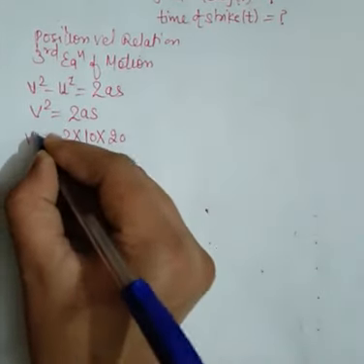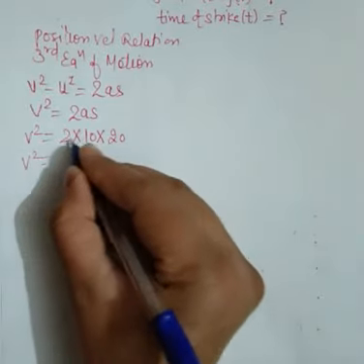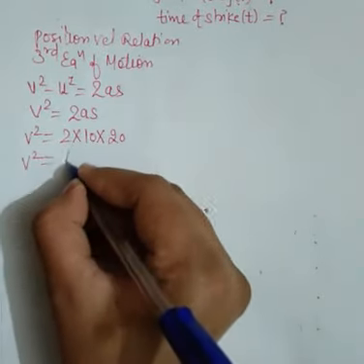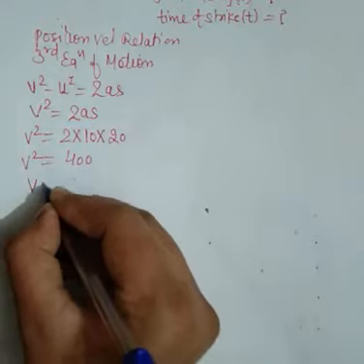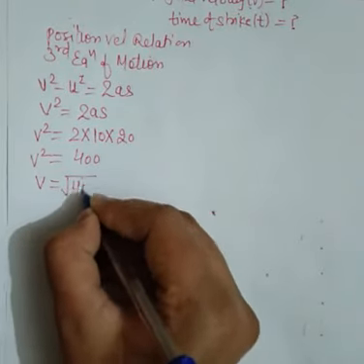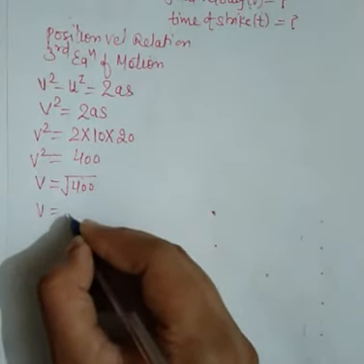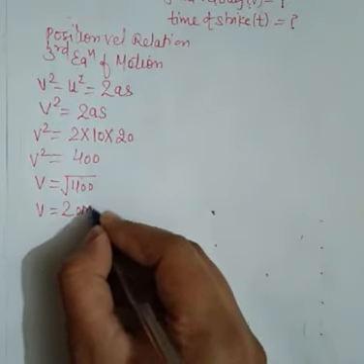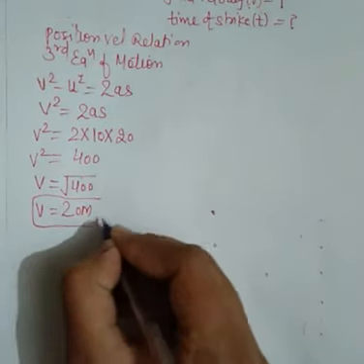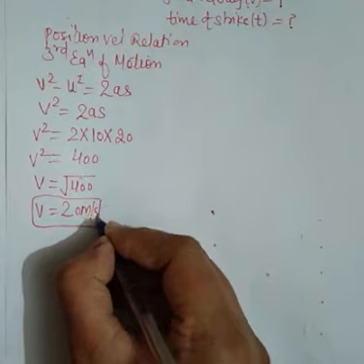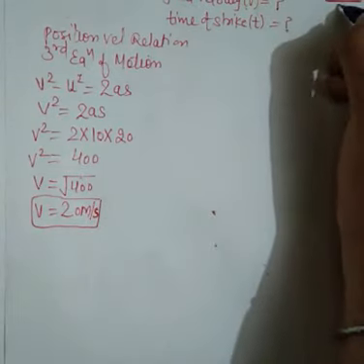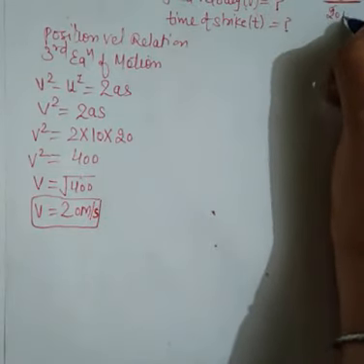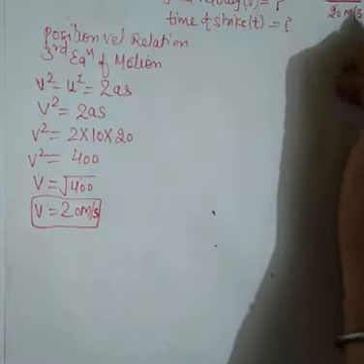So V square is equal to 2 tens are 20, 20 20s are 400. So V square is equal to 400. What will be V? V is equal to the square root of 400, which is 20. So the final velocity is 20 meters per second. At the point when it hits the ground, it is 20 meters per second.